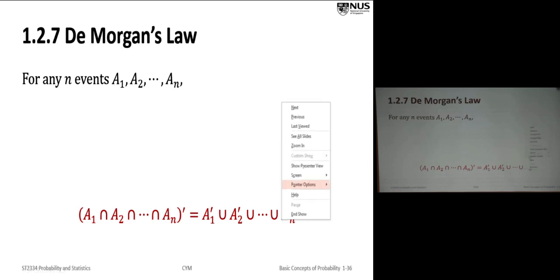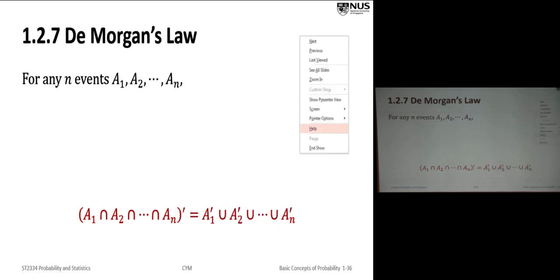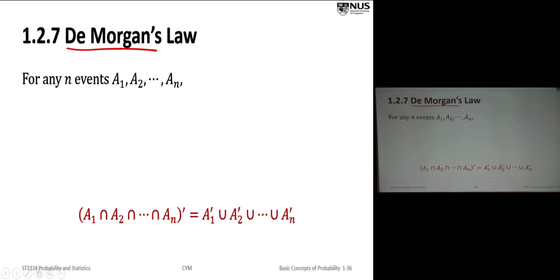We discussed this one for the two event case. The name is not important enough. It's called De Morgan's law, but basically we have this property before, right? A intersect B complement equals A complement union B complement.